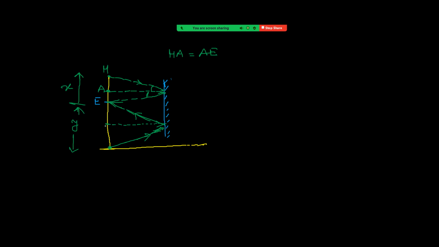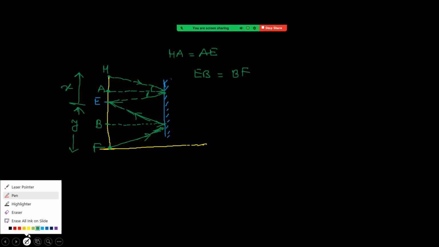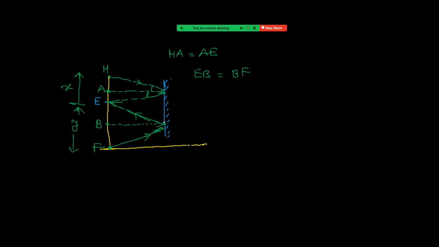Now suppose this is B. So in the diagram, EB is equal to BF, for the feet. Okay, EB equal to BF. That means we require a mirror of some length. The rays are touching the mirror at these points.